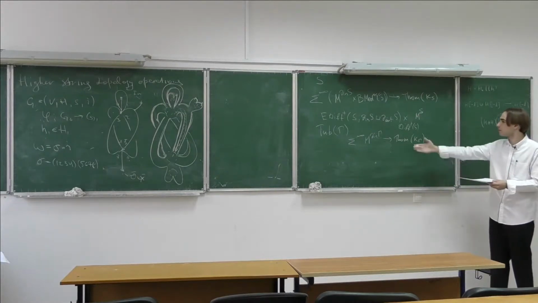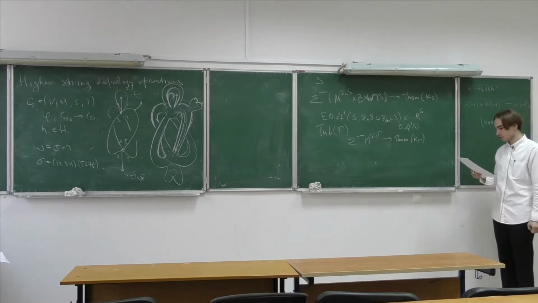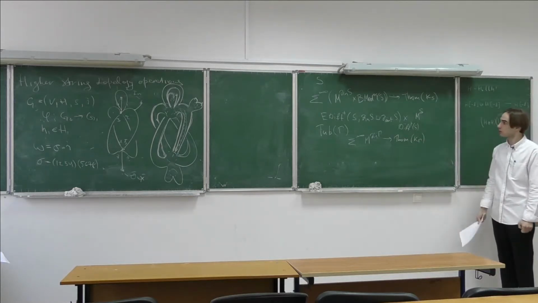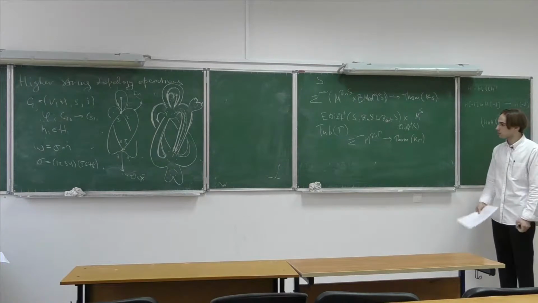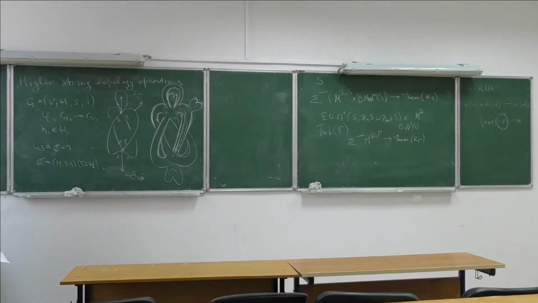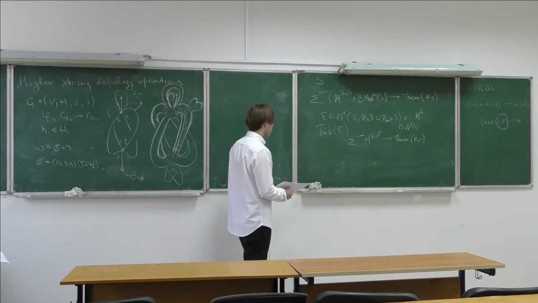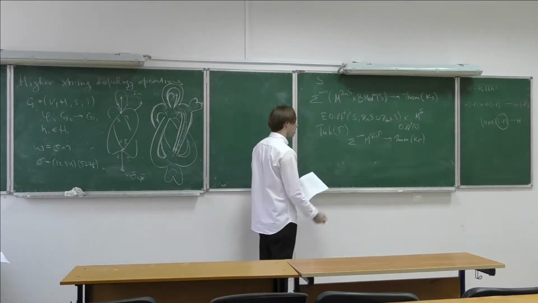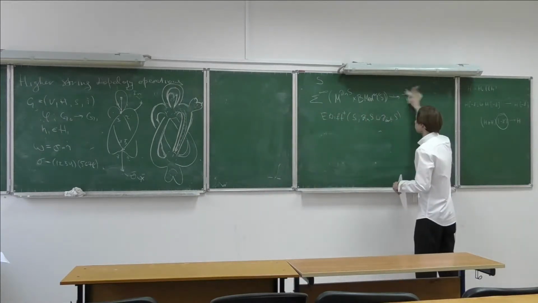Then this map extends to a map of the simplices, and in the end we get such maps. Finally, let's assume that we've constructed these maps of spectra, and now look at where the operations come from.